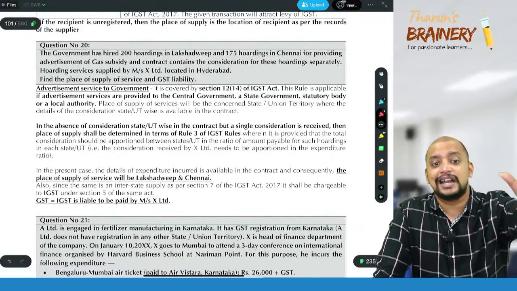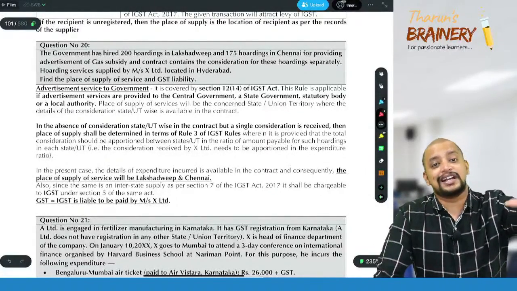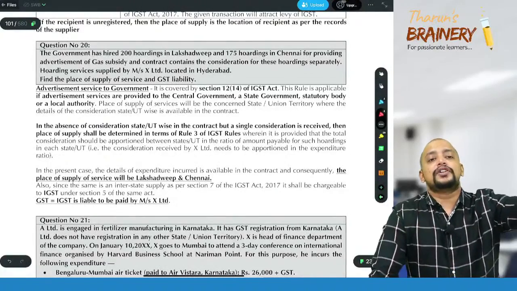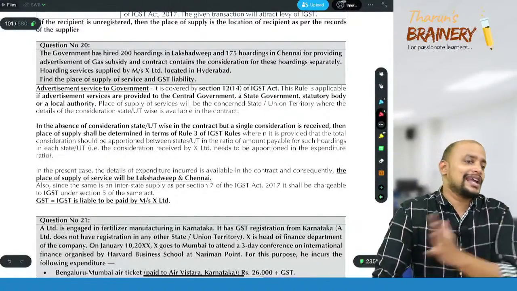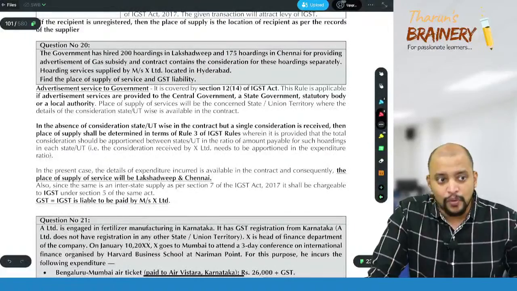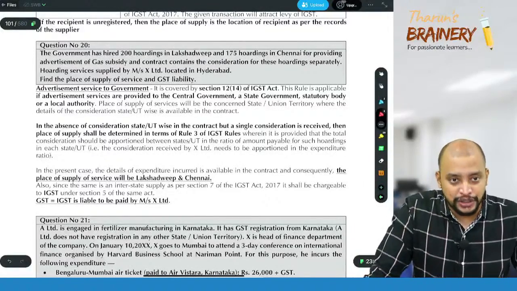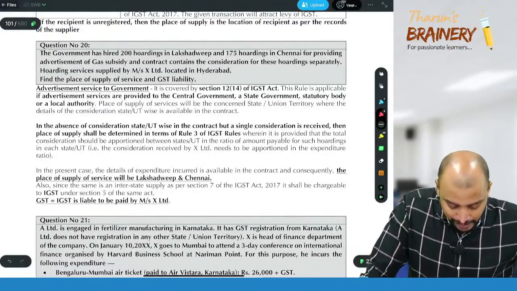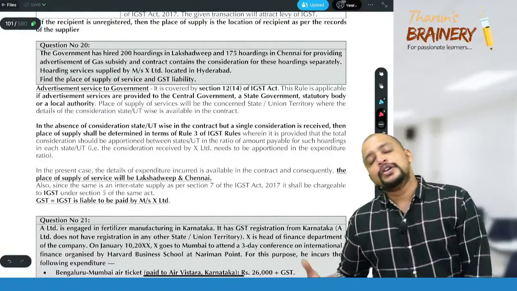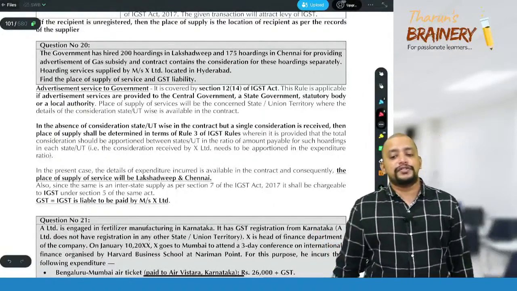Television, internet, SMS, okay. So therefore it is other than these 5. All other cases we will be taking what? Amount payable ratio, correct or not? So amount payable ratio means what? Expenditure ratio. So we need to take the amount payable ratio and we need to apportion.